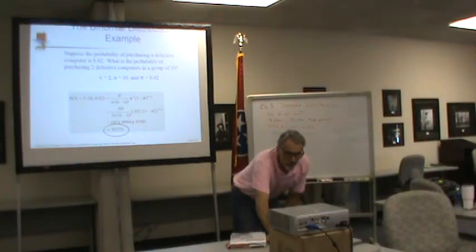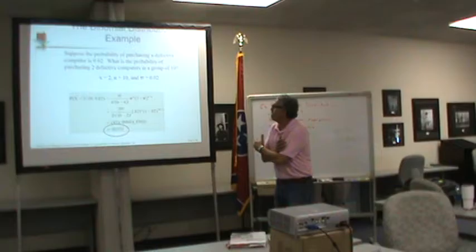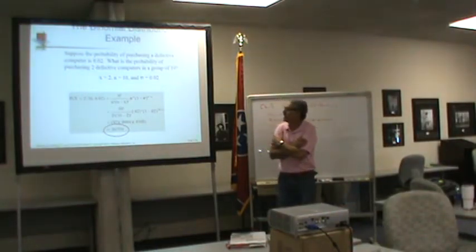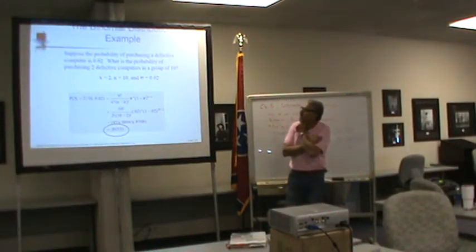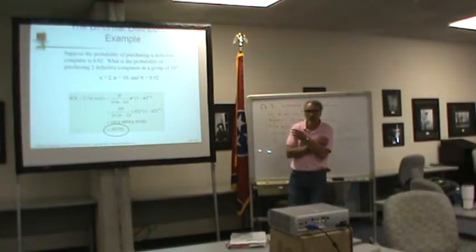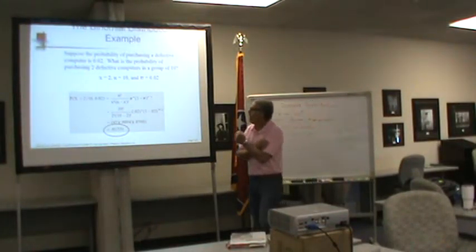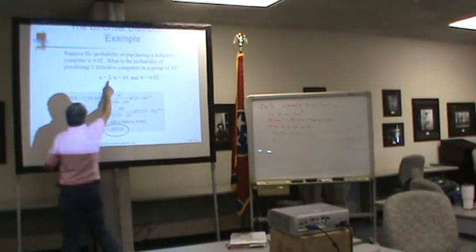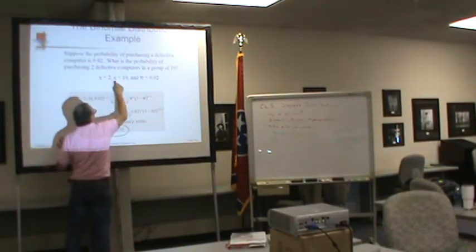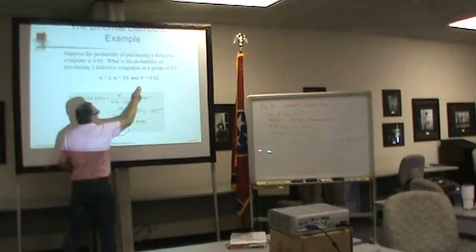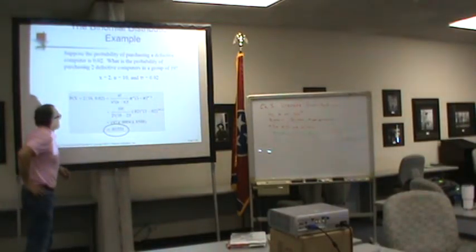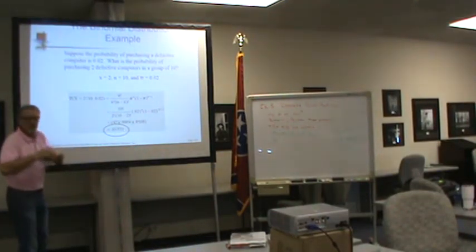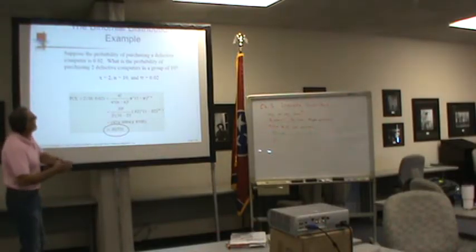Oh, they got another example. Yeah, that's good. So the probability of purchasing a defective computer is 2%. So what's the probability that I get 2 defective computers if I purchase 10? Okay, so what's the probability that I get 2 defective computers given that I've sampled a pile of 10 of them, and my success rate, you see, I shouldn't use the word success rate, my probability of buying a defective one.